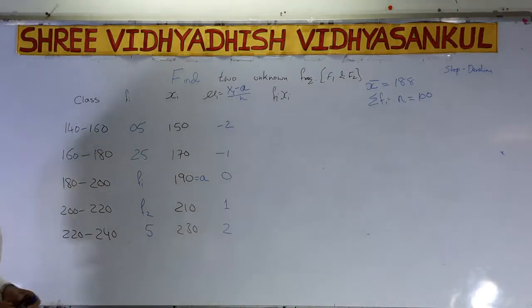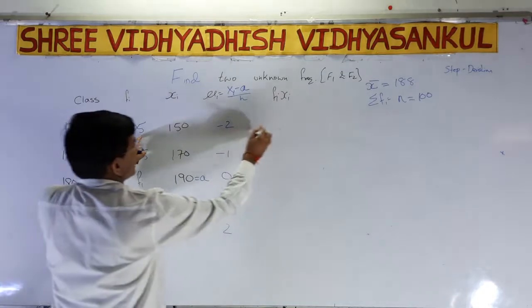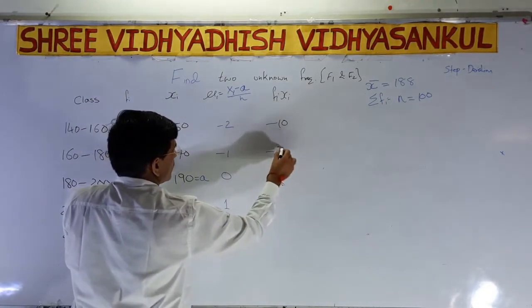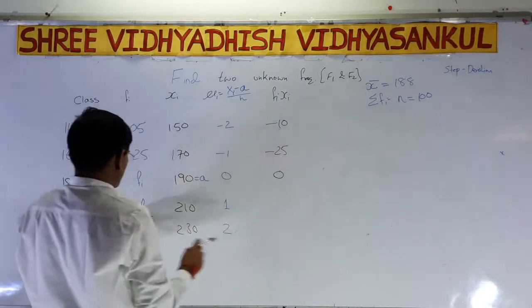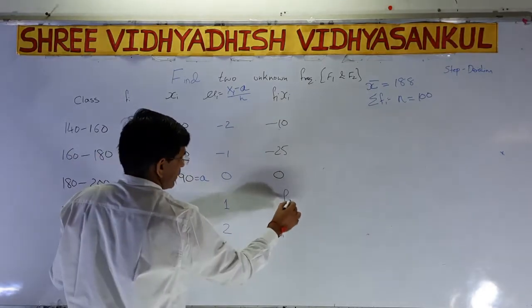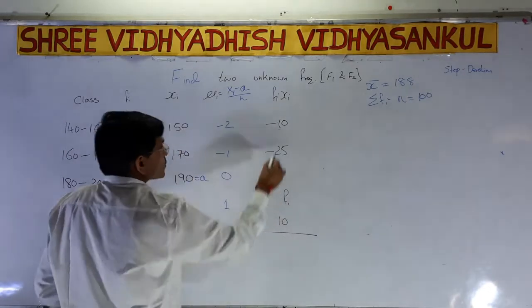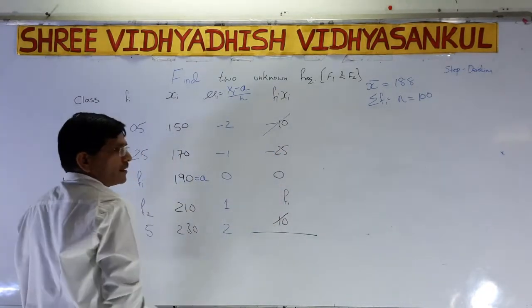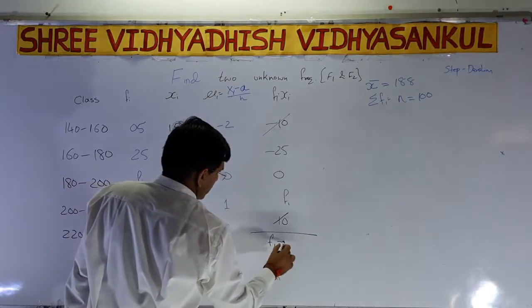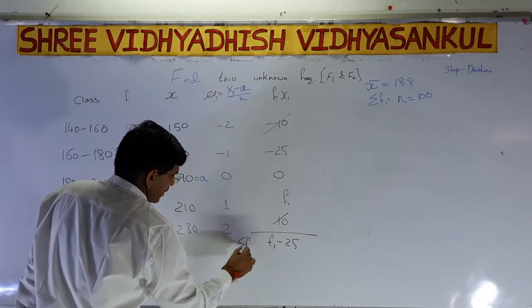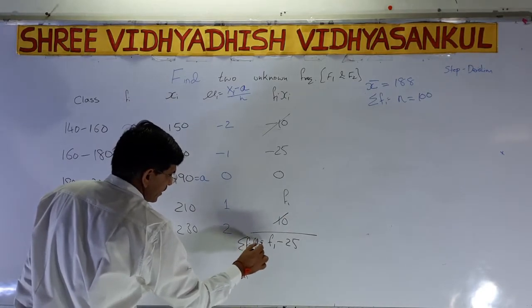Now we have to find Fi Ui. 5 into minus 2, that is minus 10, minus 25. Here it is 0. Here it is F1. Here it is 10. So F1 minus 25 is sigma Fi Ui.